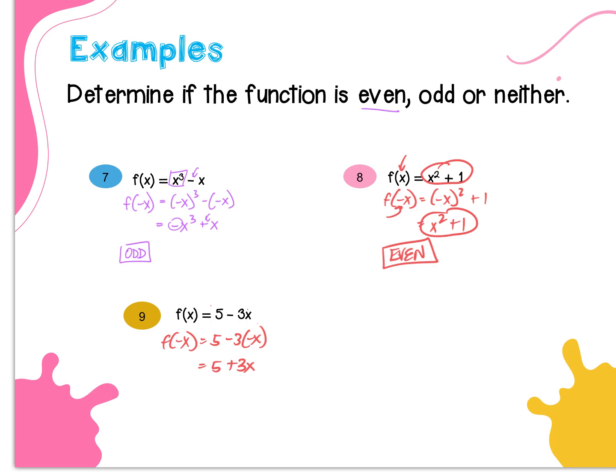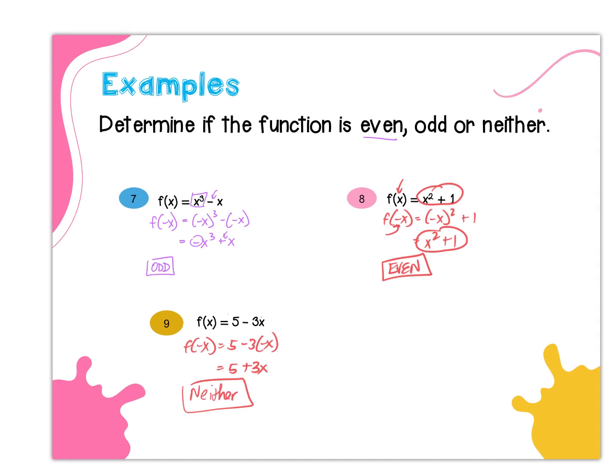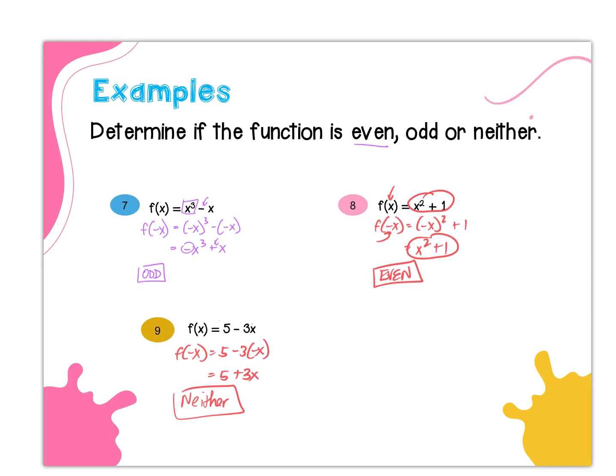Only one thing happened. So this is neither even nor odd, okay? Which means it's not going to be symmetric to the y-axis, and it's not going to be symmetric to the origin.